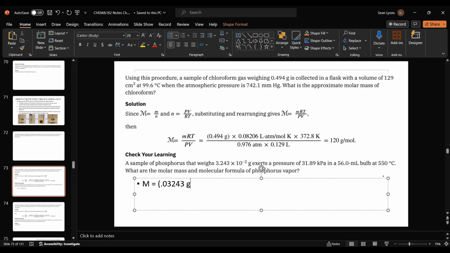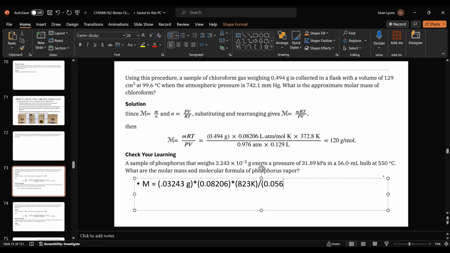So let me do this. 0.03243 grams times 0.08206 times. So the temperature, we need to get that into Kelvin. So 550 degrees Celsius is really 823 Kelvin. We're going to add 273 to that value. And then with the volume, we've got 56 milliliters.